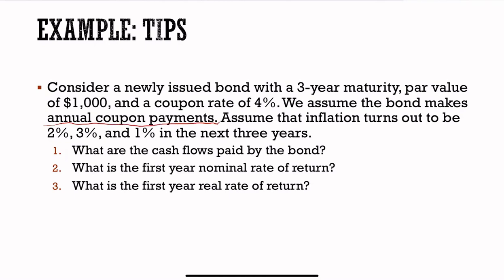We're just thinking, this bond will pay me interest once per year. We assume that inflation turns out to be 2%, 3%, and 1% in the next 3 years.